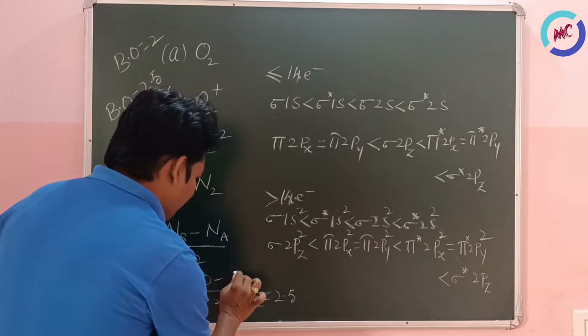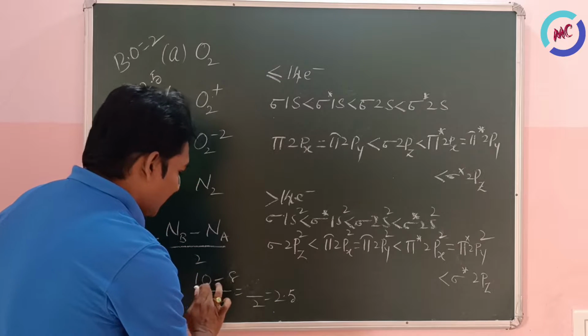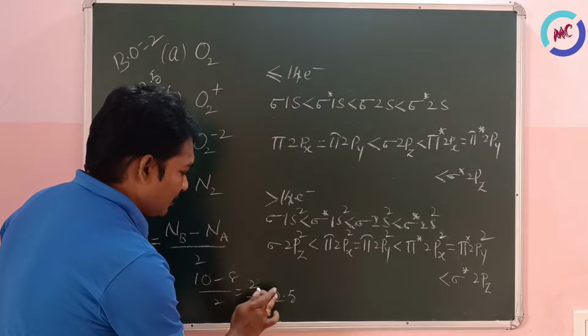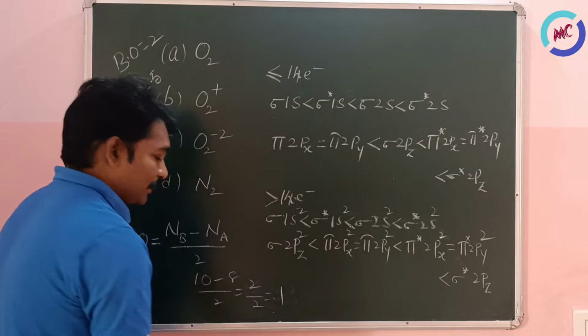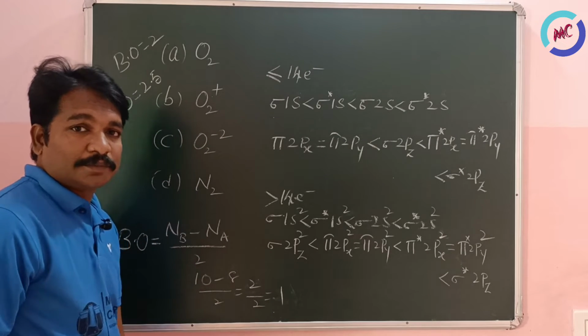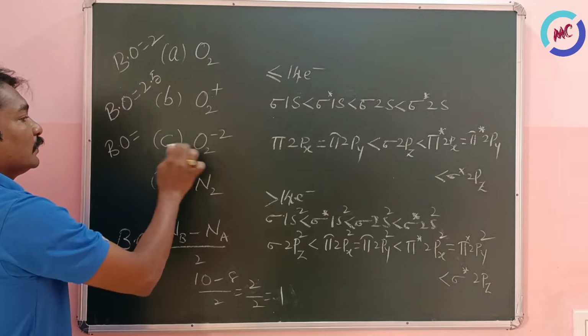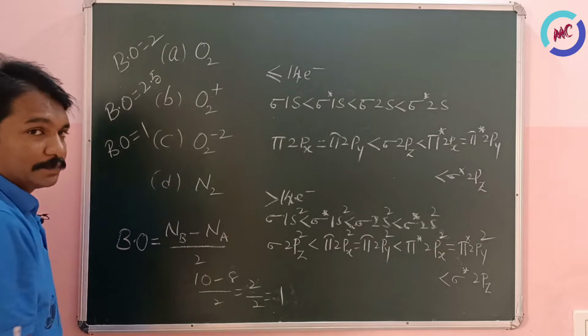Now 10 minus 8 is equal to 2. 2 by 2 is equal to 1. Bond order for O2 minus 2 is 1.